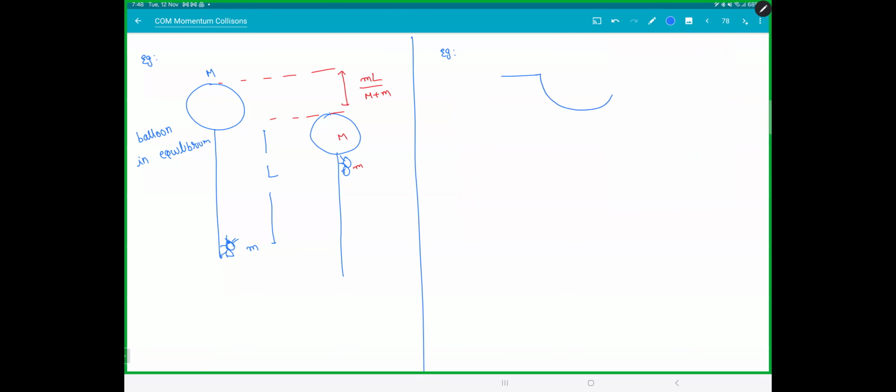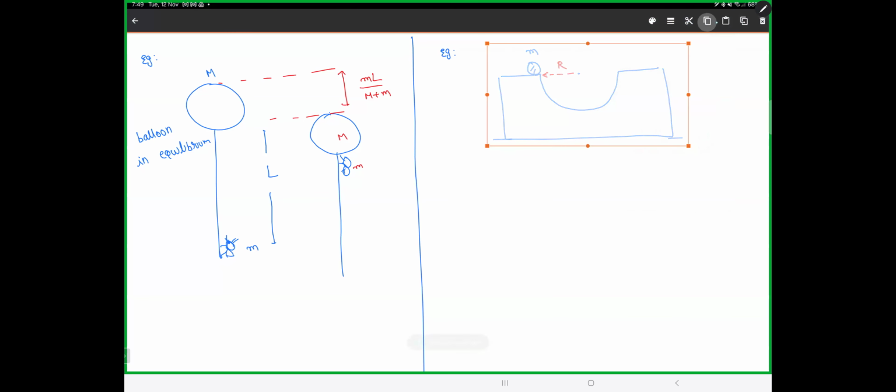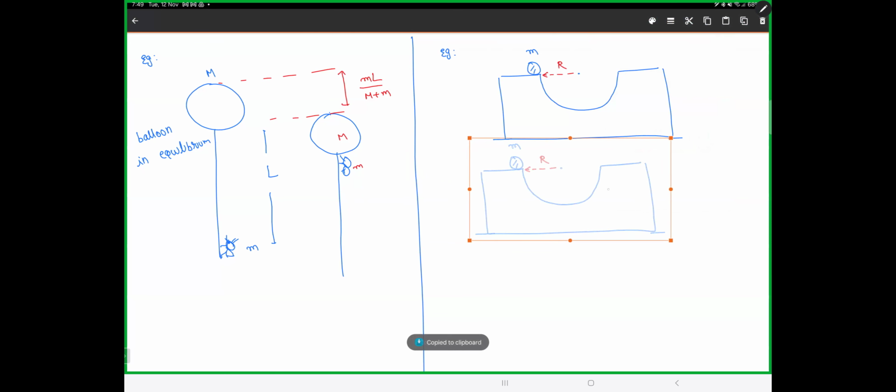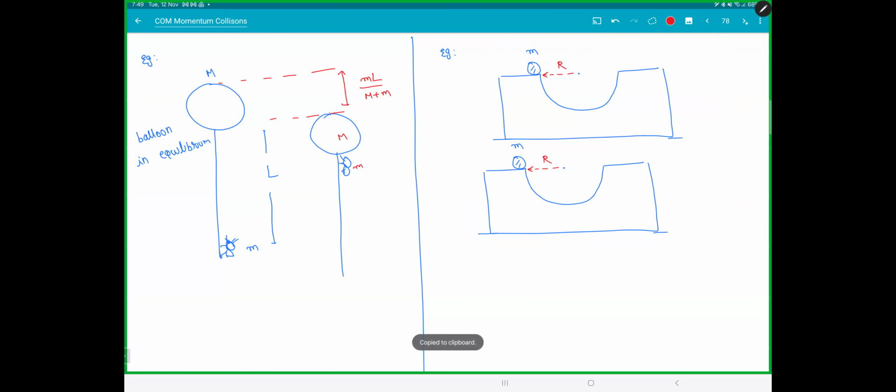They can do even something of this sort. Let's say you take a wedge here with a circular arc like this, and let's say we have a ball here, mass m, and let's say this is your radius r. Now, if you displace this by a small amount, so this was x, the ball must have reached here.